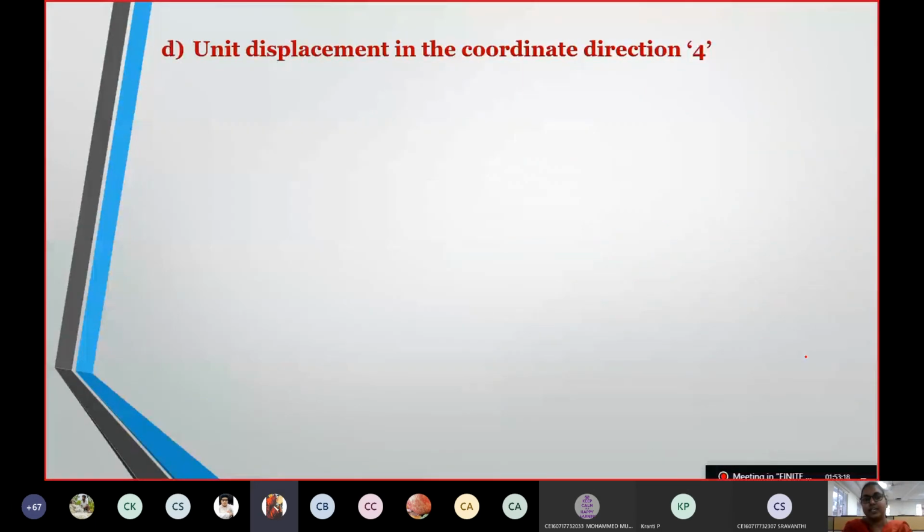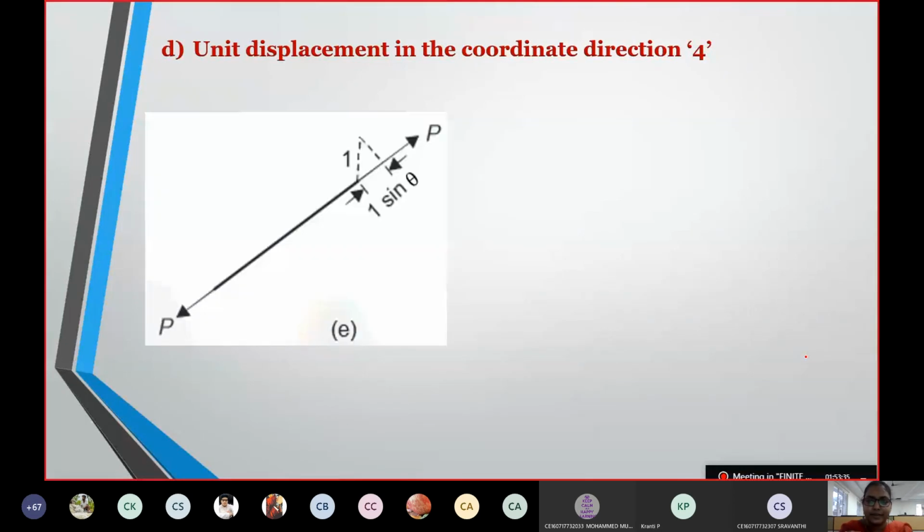All right. Now finally, unit displacement in the coordinate direction 4. Can you do it? Whoever have said that they have done very well and good, you are understanding my class very well. You can at least give a try. Unit displacement in coordinate direction 4. This is the representation.